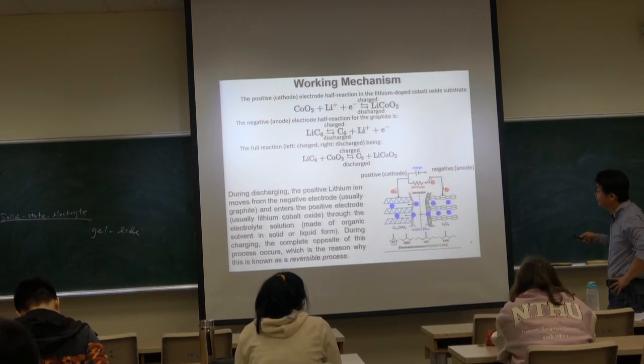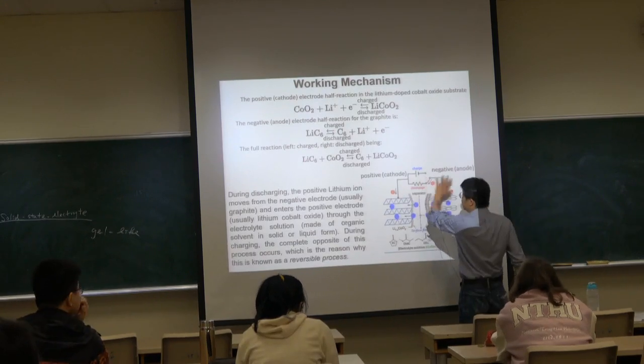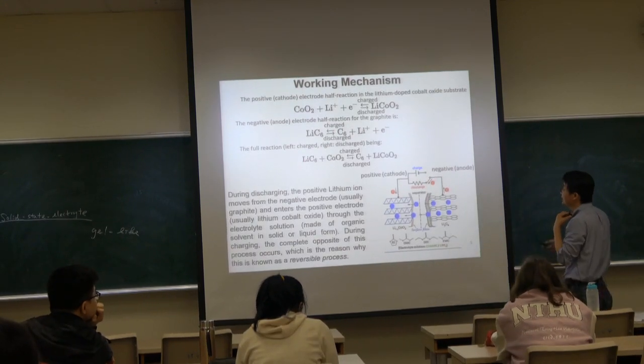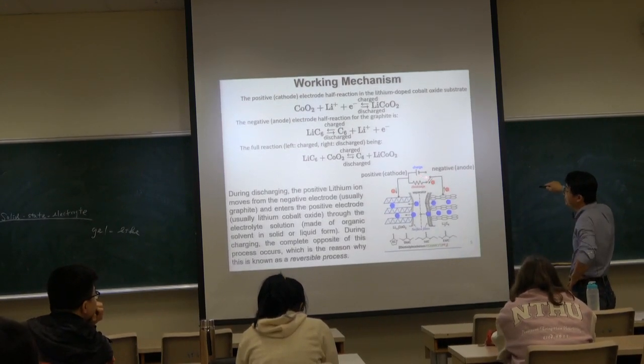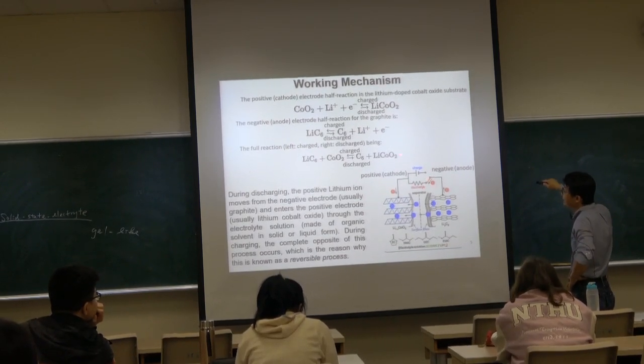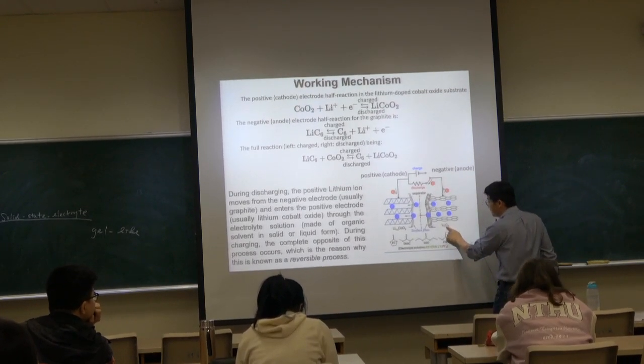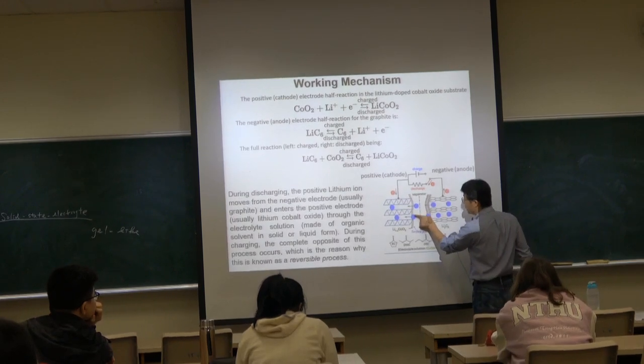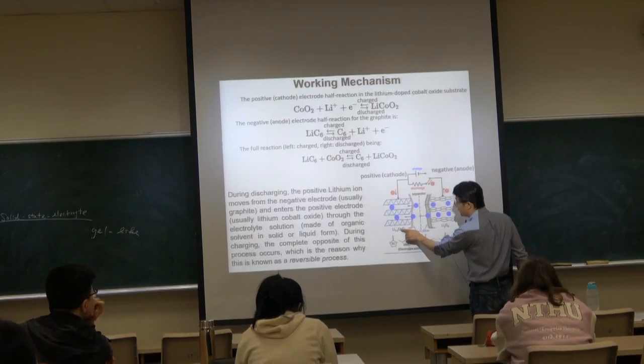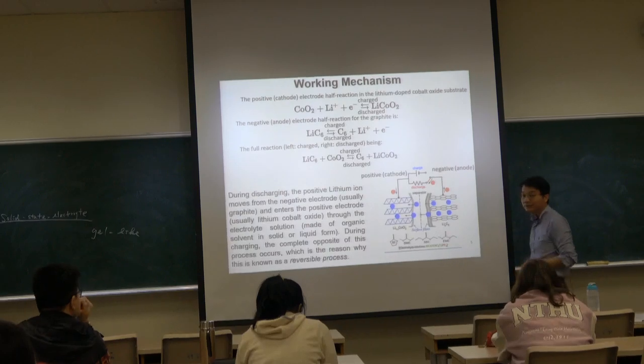So here they connect to each other, okay? As you can see, once discharging, you connect this side. Discharge means the lithium will diffuse through the electron and then accommodate on the copper oxide, right?